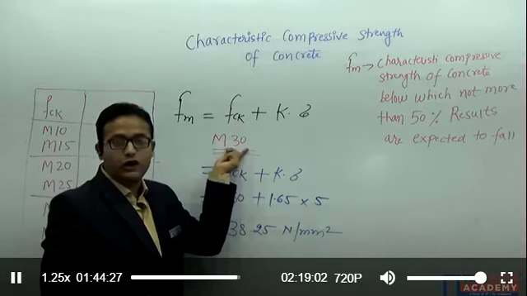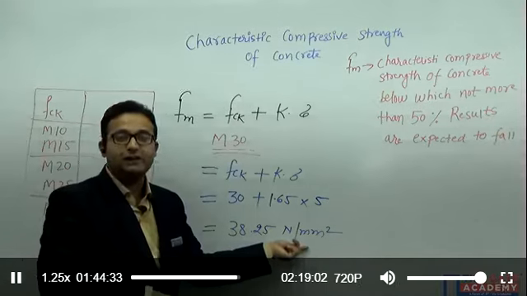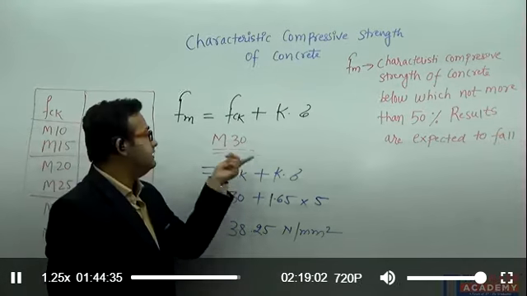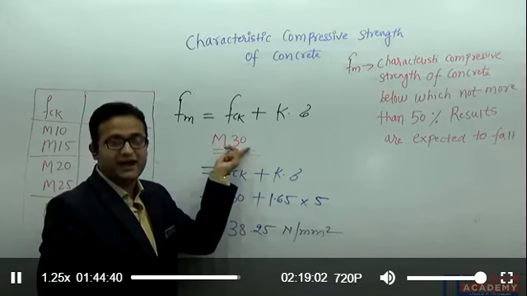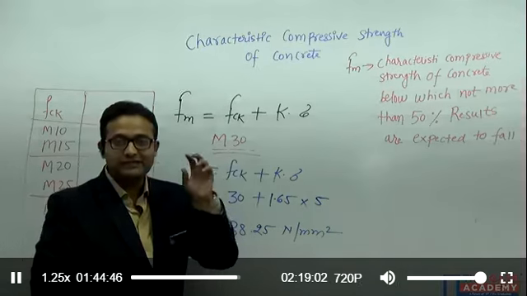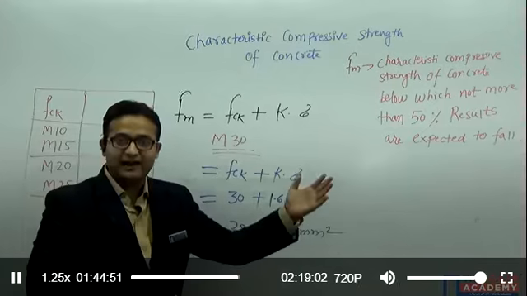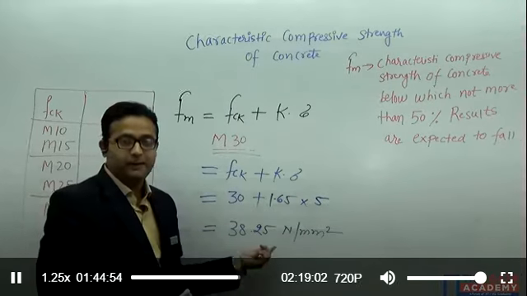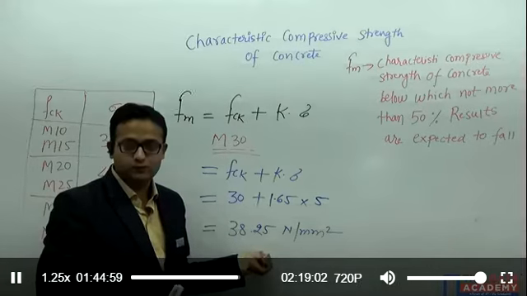If I design my concrete to achieve 38.25 Newton per mm square, then definitely all the cubes will try to give the strength of 30 Newton per mm square. Right? So in this way, I try to achieve my characteristic strength, for which I assume 5% results may be expected to fall. So to achieve that FCK, we try to achieve FM. If we achieve FM, that means automatically we have achieved FCK also.